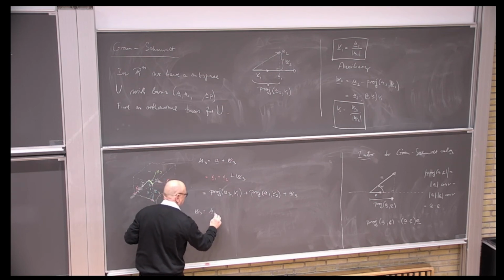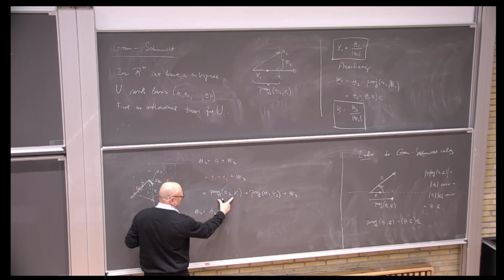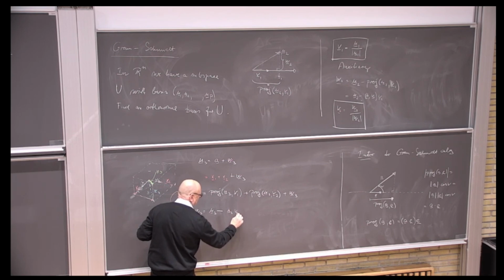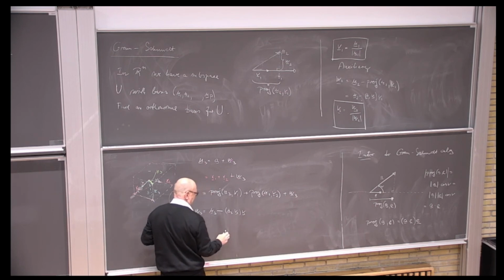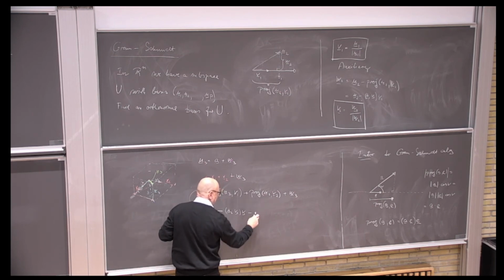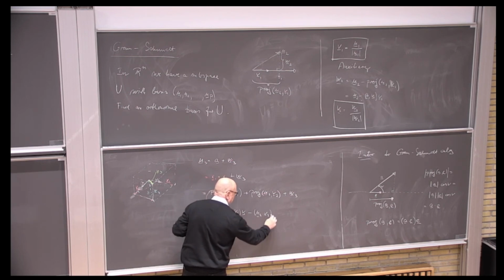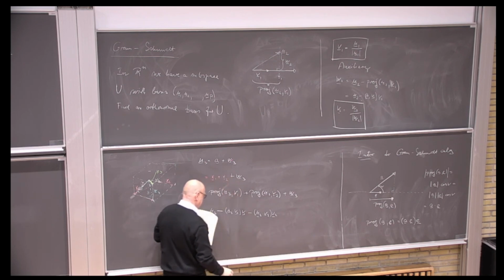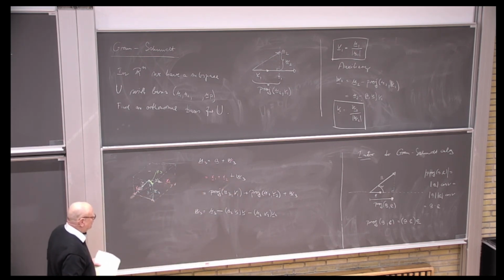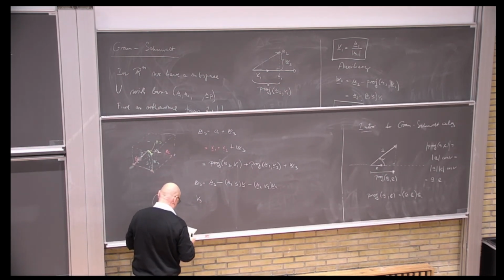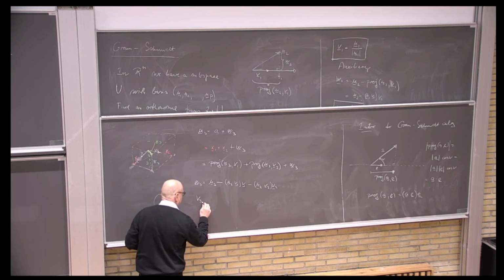So that will be U3 minus this vector here. And this vector here is U3 dotted with V1 times V1, and minus this vector here, which is U3 dotted with V2 times V2, and then for the V3 vector, you simply norm this.